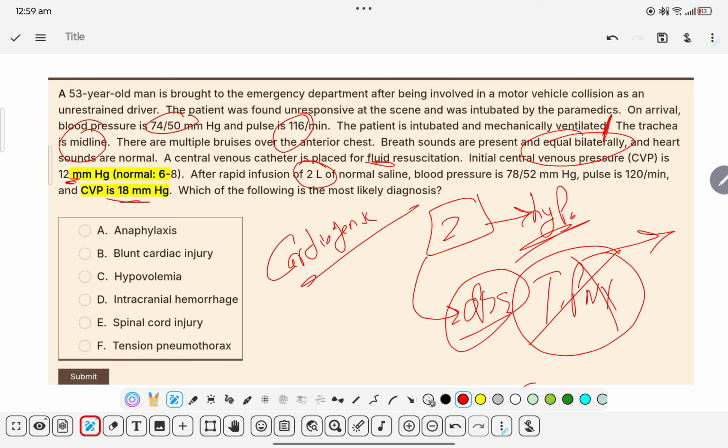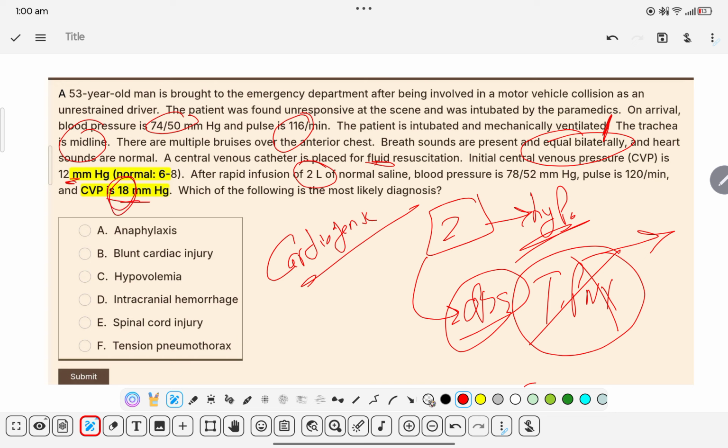So the heart cannot pump blood any further to the systemic circulation, and the blood gets congested in the systemic circulation, which will cause elevated CVP or jugular venous distension. After giving fluid, the heart cannot pump any further, so the patient gets worse and more congested, and the CVP rises.